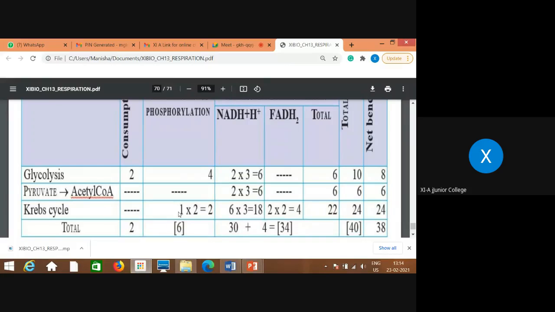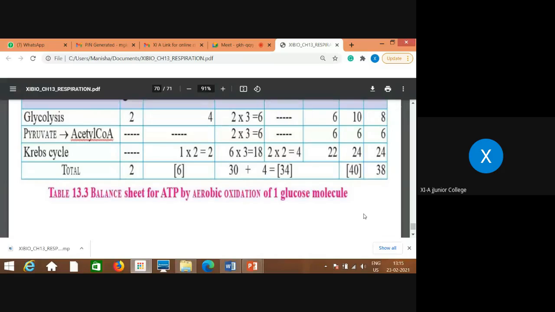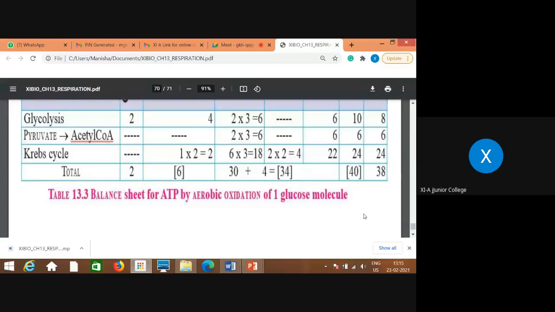And then from the Krebs cycle, the total gain: directly from phosphorylation, 2 ATP are produced. From NADH2, 6 molecules, so 18. And from FADH2, 2 molecules, that means 4. So the total is 22 plus 2, that is 24. So the total comes to 42, with 4 utilized, so it is 38. This is called the ATP balance sheet of aerobic respiration, or of the oxidation of one glucose molecule. Okay, you understand this?